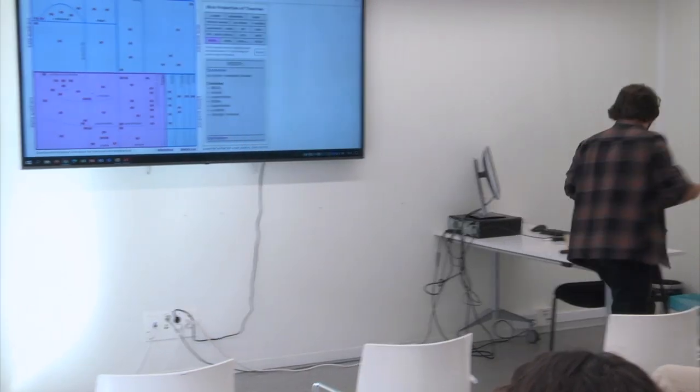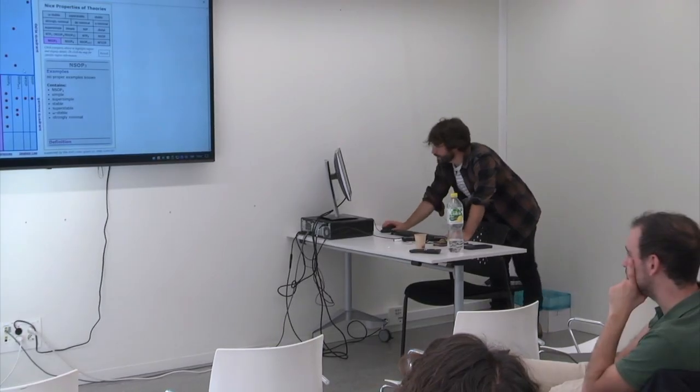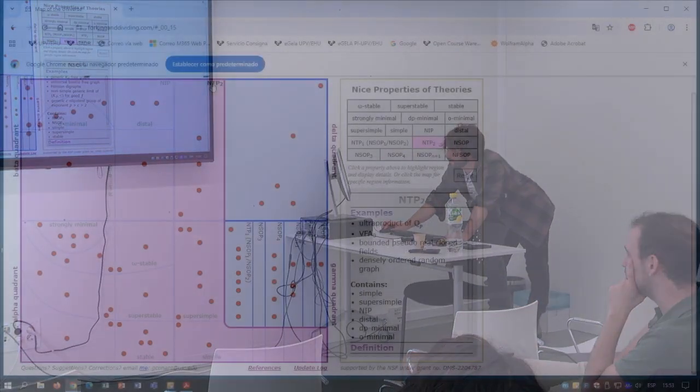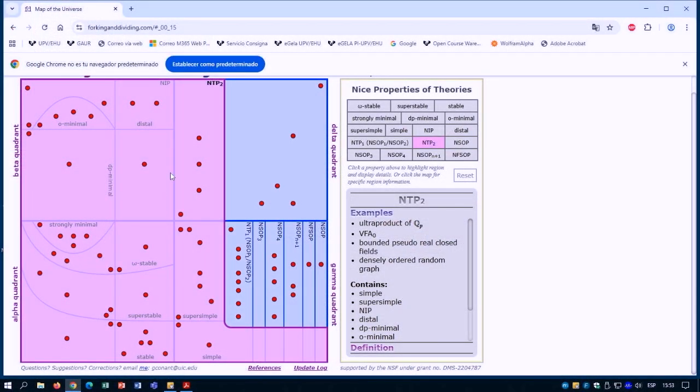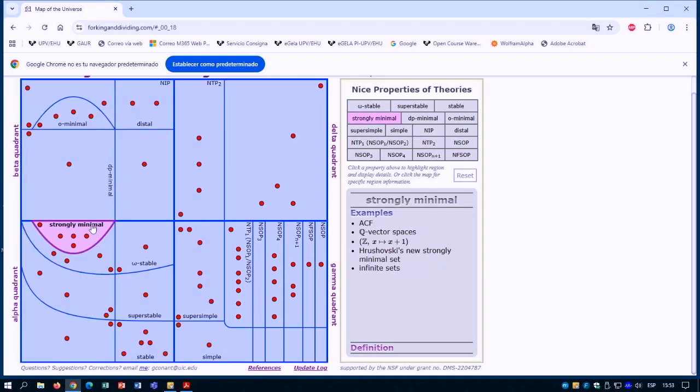Of course, those are very big, very general, so they don't necessarily imply very strong constraints, whereas the very small ones, like strong minimality, imply much more connection, much more similarities, again between objects which might be very, very different.